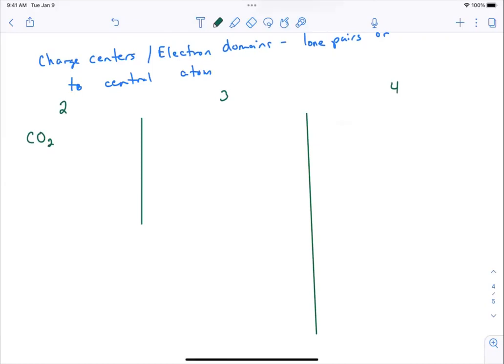You'll do 5 and 6 for higher level. CO2 is our example here. Notice that the carbon has 2 charge centers. It has 2 oxygens bonded to it, no lone pairs.